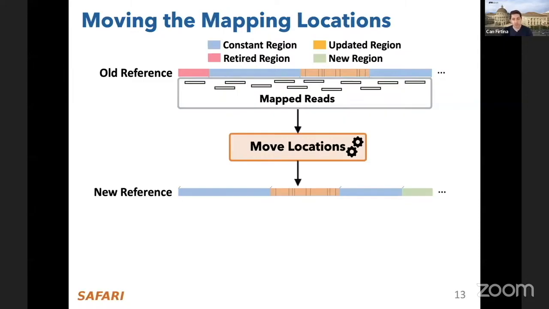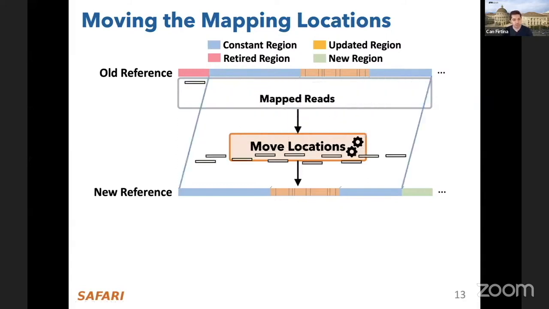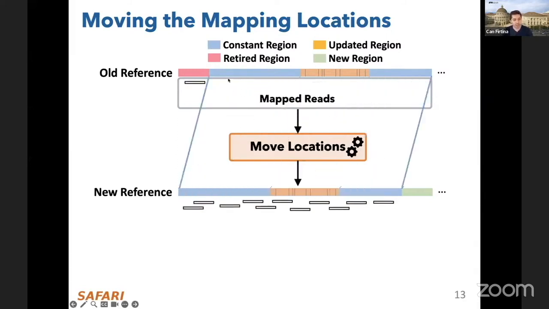So we take all the mapped reads and move the reads that fall under either the constant region or the updated region directly to their corresponding positions in the new reference genome, taking the deletions and insertions into account.